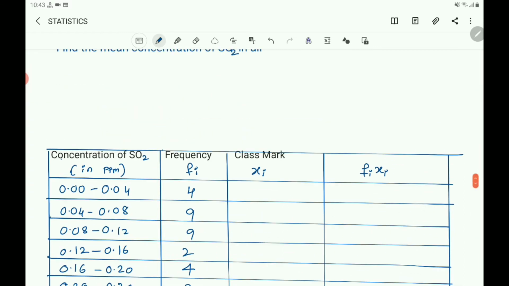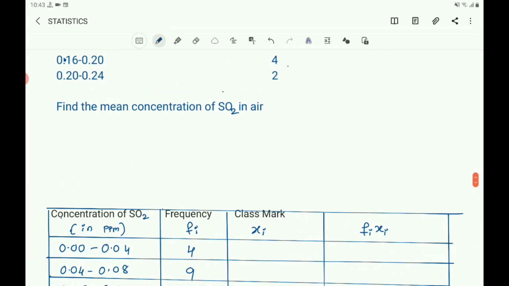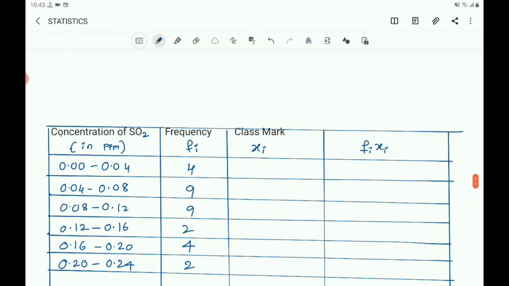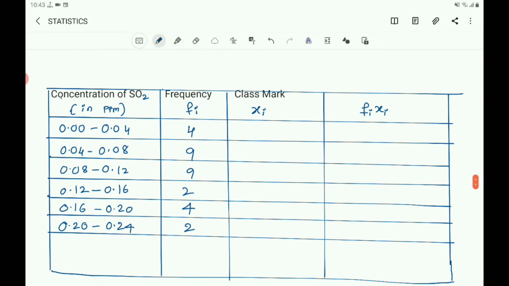Here you got the first column and second column. Now you find the third column to get the mean, that is xi, which is the class mark. Again you know the method of finding the class mark. So here what is the size of the class? Size of the class is 0.04.